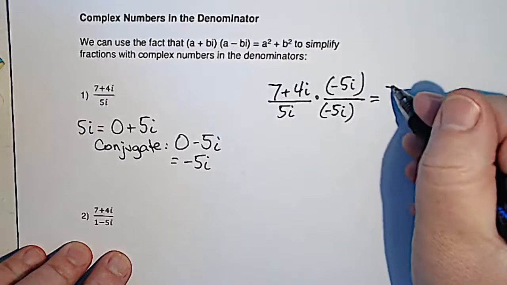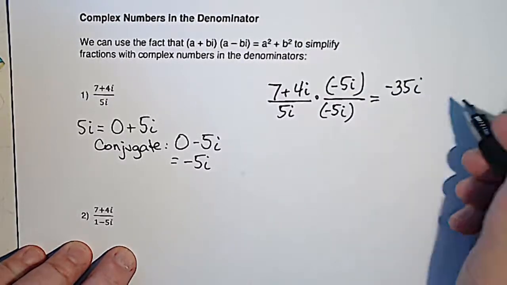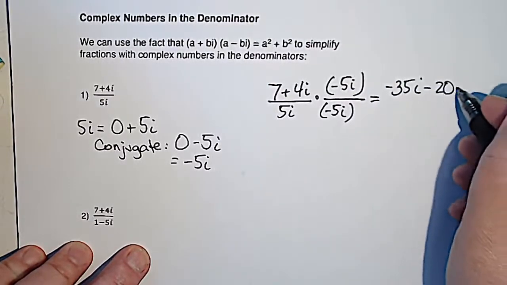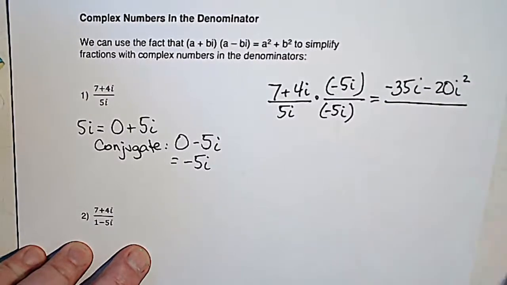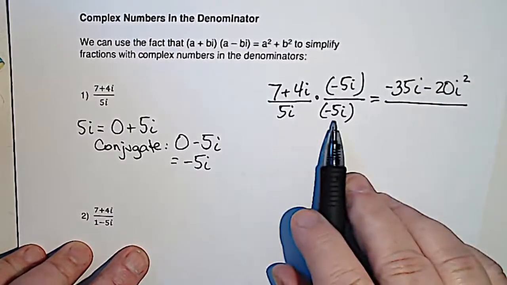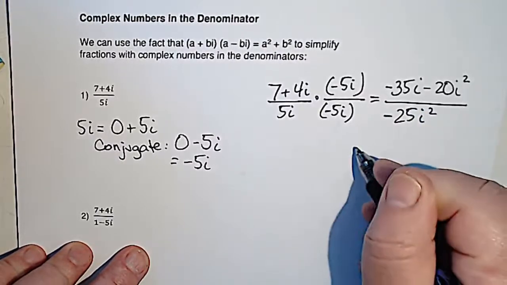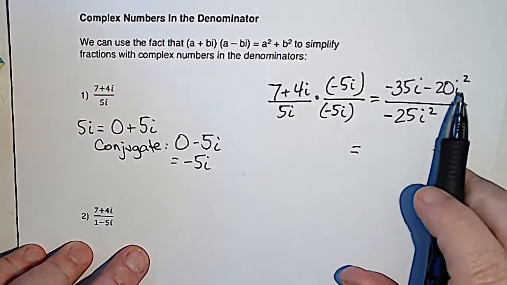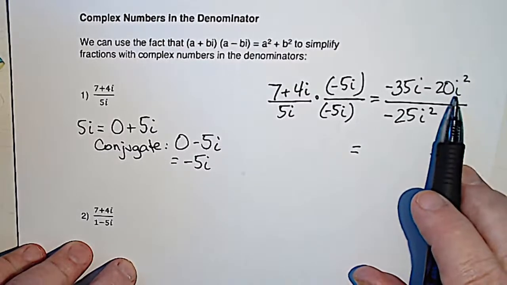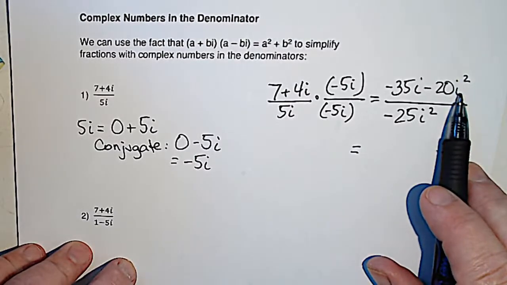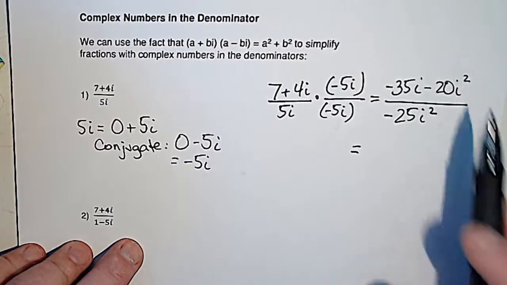So I get negative 35i minus 20i squared. And downstairs, I'm going to get negative 25i squared. And then I'm going to say to myself, okay, but I've got an i squared here. So this is going to be a negative 1.